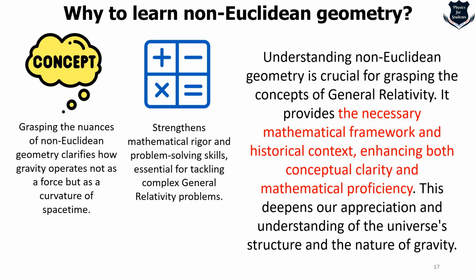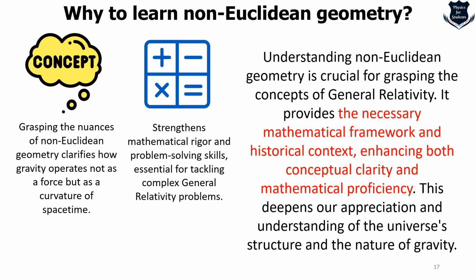This is the final summary: if you understand non-Euclidean geometry, then it provides the necessary mathematical framework, historical context, and mathematical rigor, everything enhancing your concept, your clarity and your mathematical proficiency. This deepens your understanding of the universe's structure, and thereby takes you much deeper into the nature of gravity, which is the core pivotal force of the general theory of relativity.